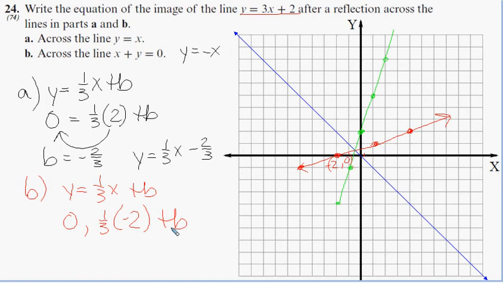Bringing the -2/3 over, b equals +2/3. So now I'm ready to write my final equation: y equals 1/3 x plus 2/3. Hopefully that feels not too complicated. It takes a little bit of time, but that's just part of the deal.